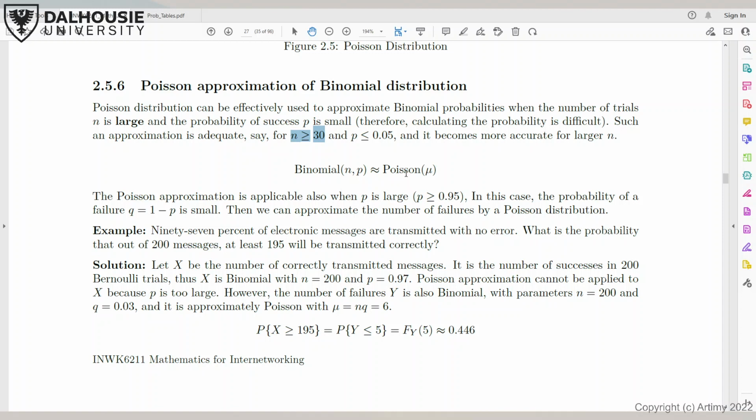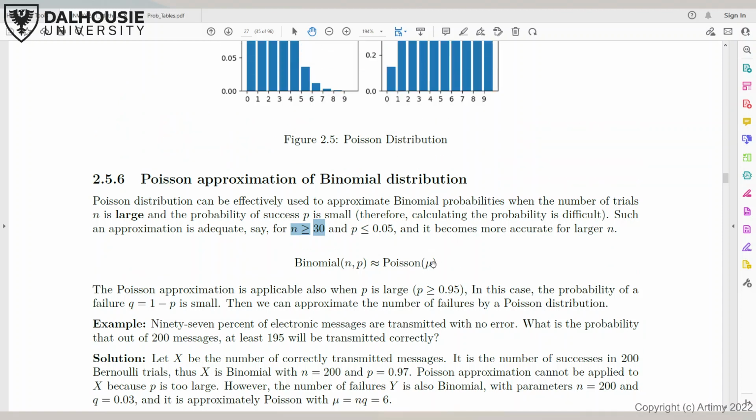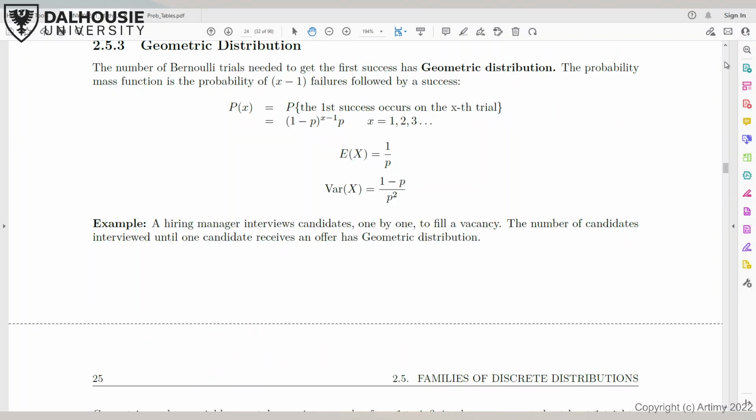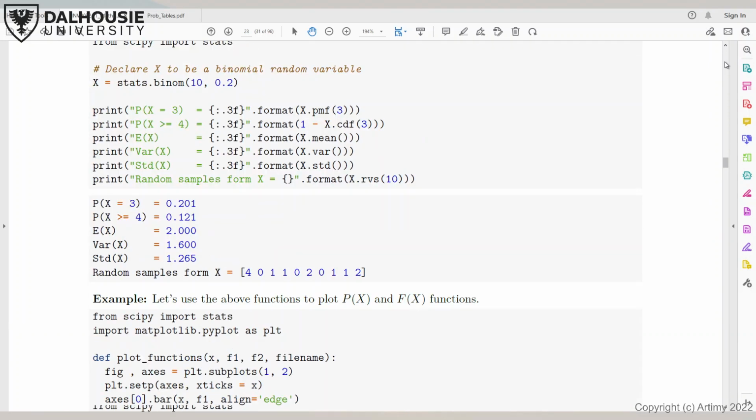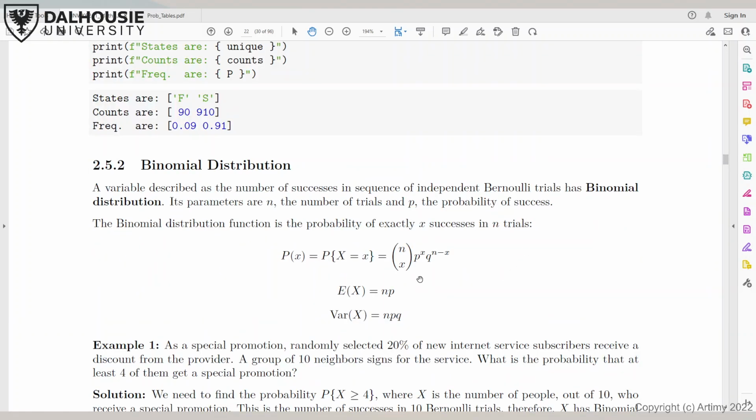All right, so how can I do that? Well, first of all, remember mu here. Where do I get mu? Poisson needs mu. Well, I can get mu by n multiplied by p, which is here. That's my mu, right?